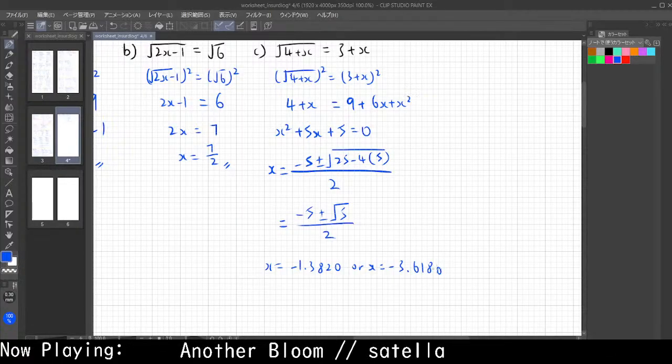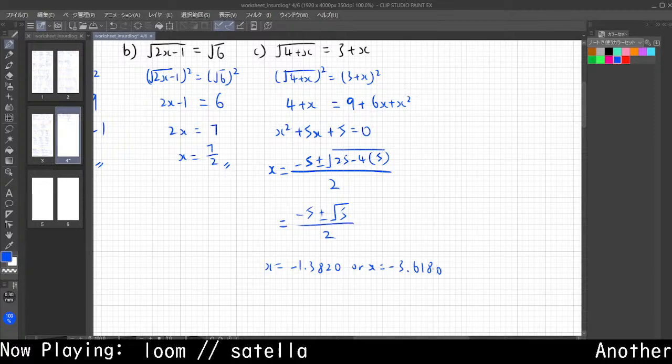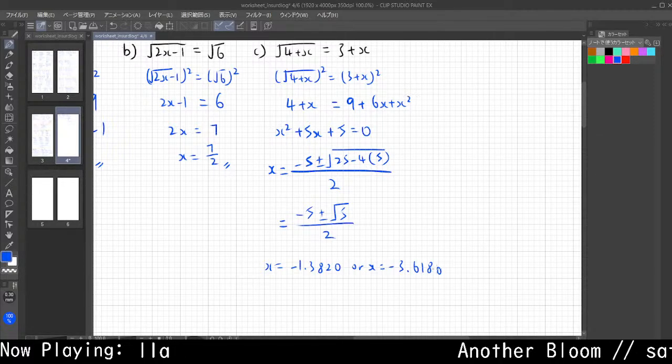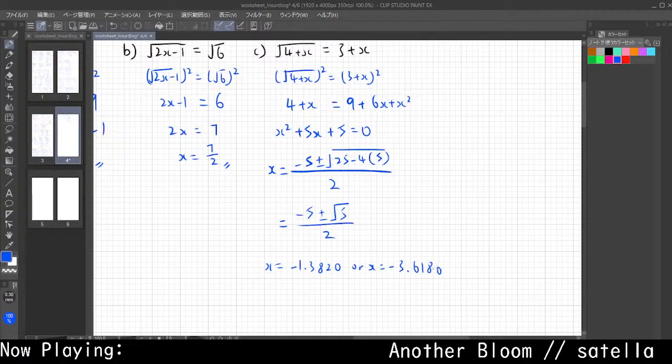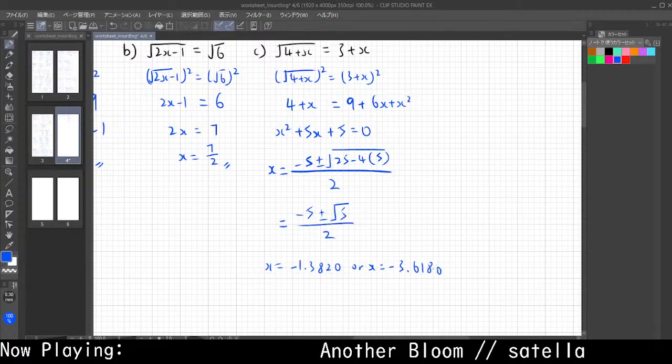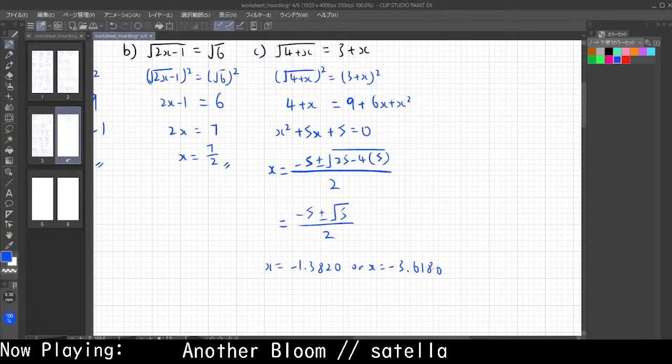Okay, so what you want to do is double check. So let's just put this into the original equation given in the question. Double check whether this actually fits the bill or not. First, x is 4 minus 1.382.